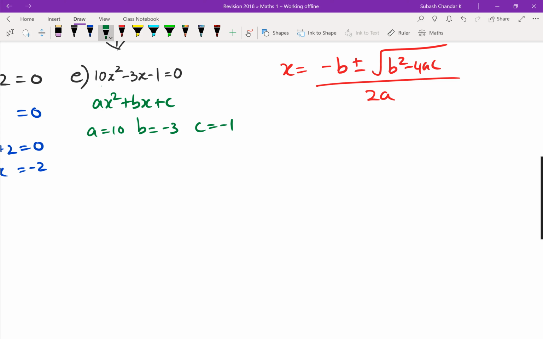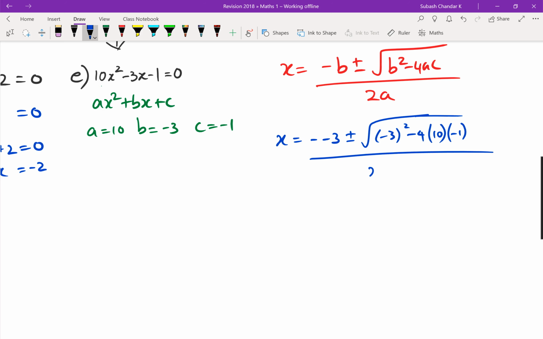Okay guys, I'm going to go through the answer for this, but I've had a couple of questions regarding the solutions itself, and I'm going to show you the difference between what we did yesterday and what we did today. Today, what we're trying to do is figure out the value of x. So I'm going to substitute minus b, which is minus 3, plus or minus the square root of negative 3 squared minus 4 times 10 times negative 1.